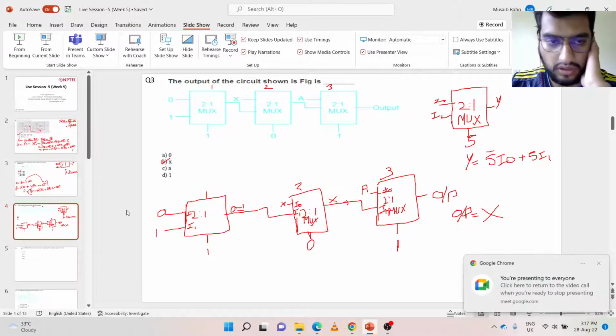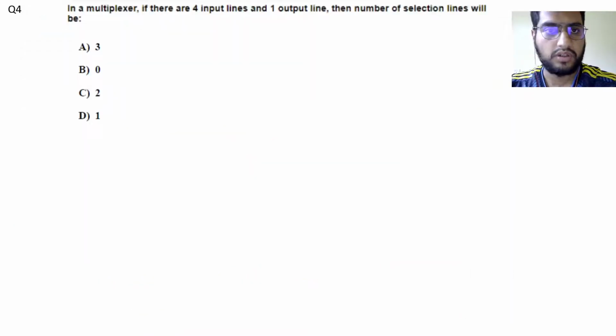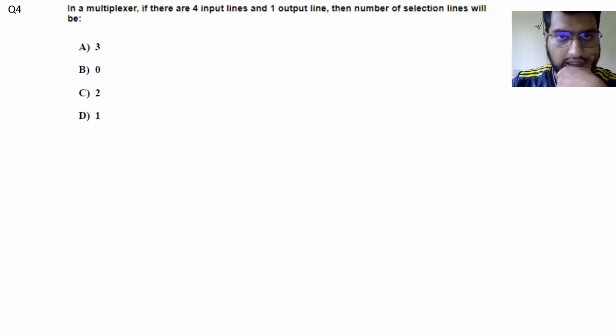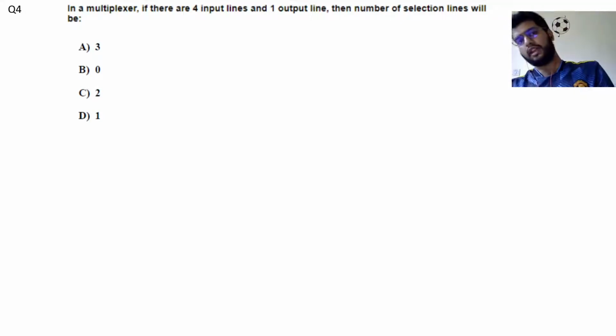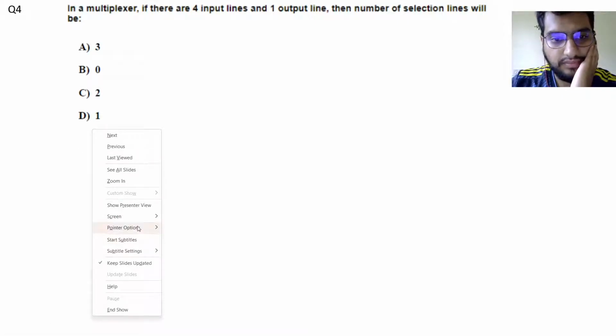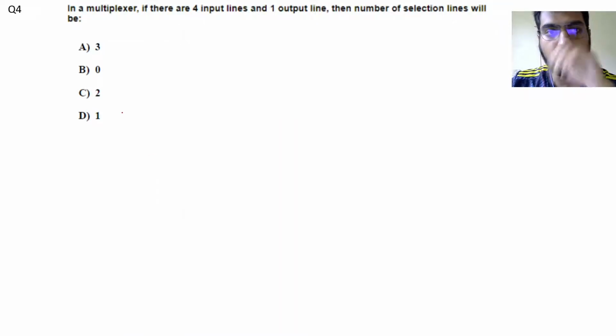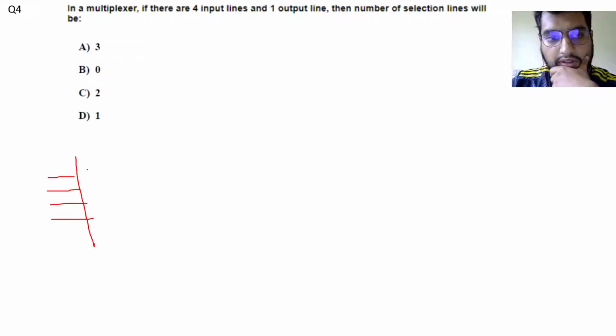So now moving forward to question number 4. It is a theoretical question. It says that in a multiplexer there are 4 input lines and 1 output line.